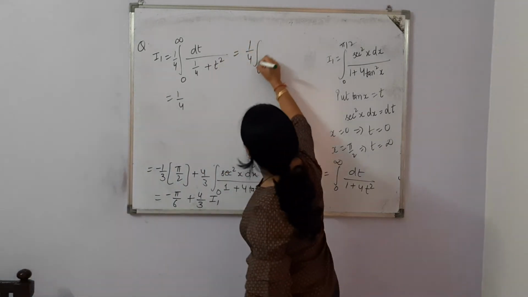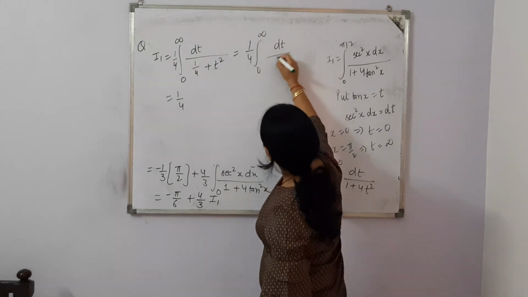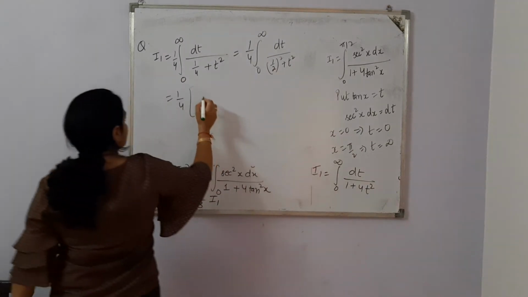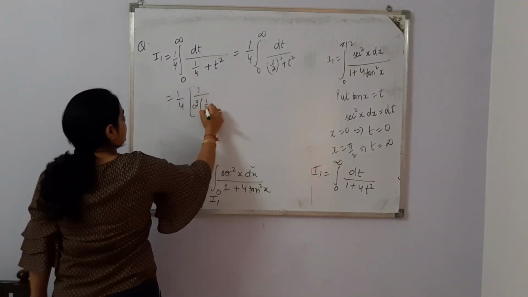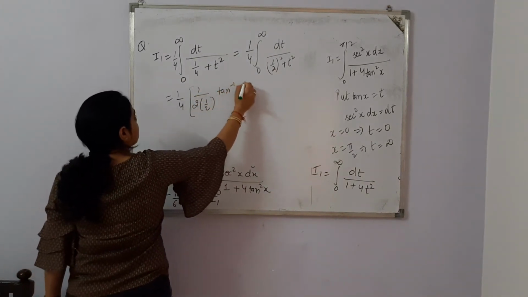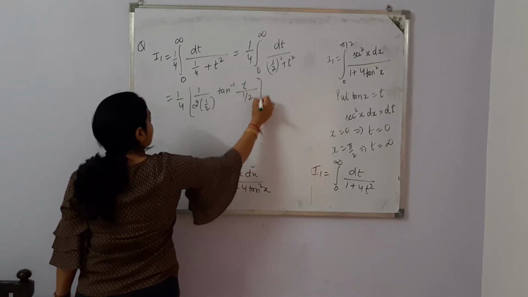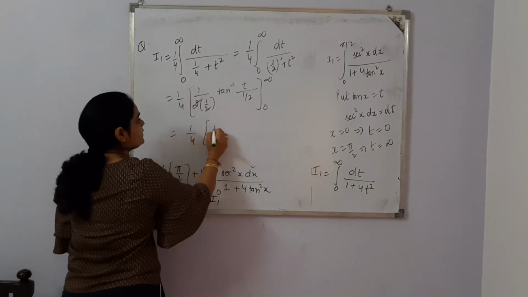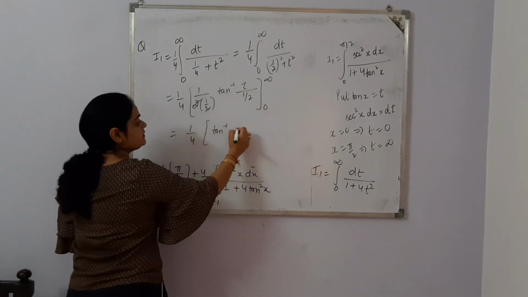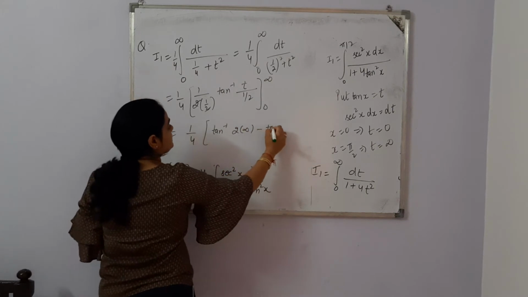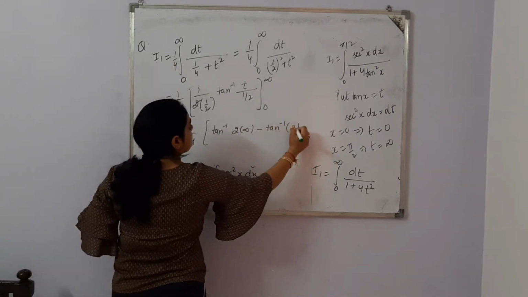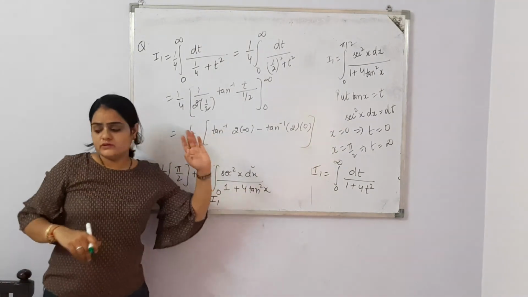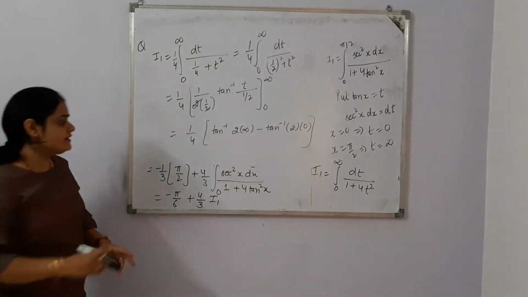1 by 4, 0 to infinity. Can I write this 1 by 4 as 1 by 2 square plus t square? Here the formula is applicable: 1 by 2a tan inverse t by a, and limits are 0 to infinity. 1 by 4 tan inverse 2t, so tan inverse of 2 into infinity minus tan inverse of 2 into 0.